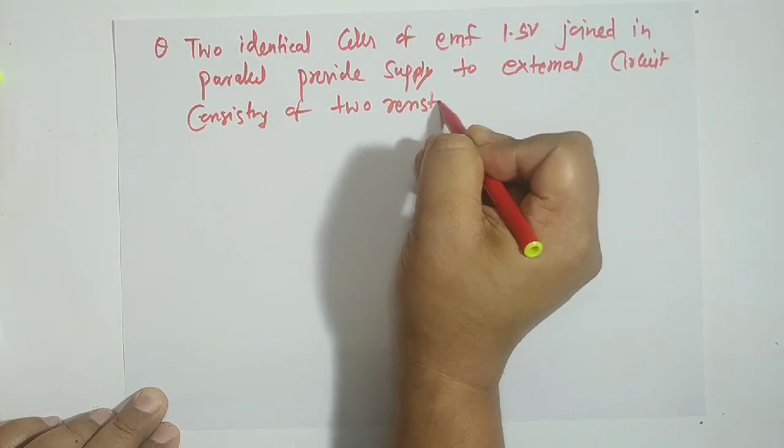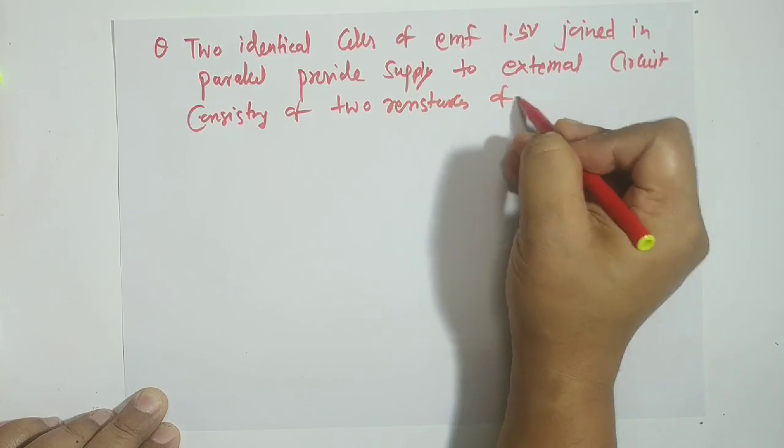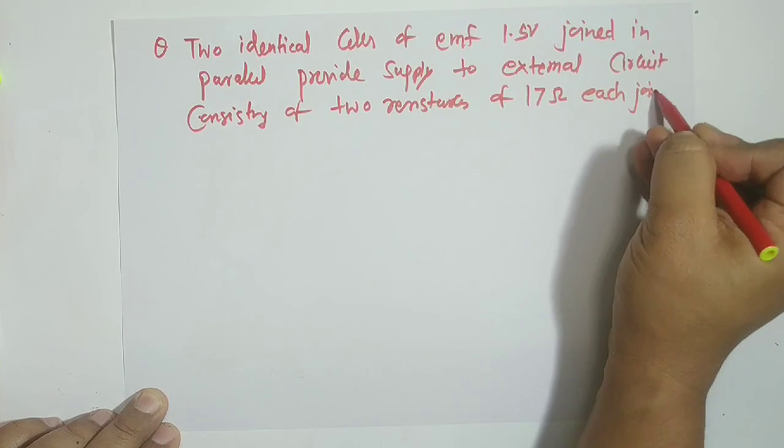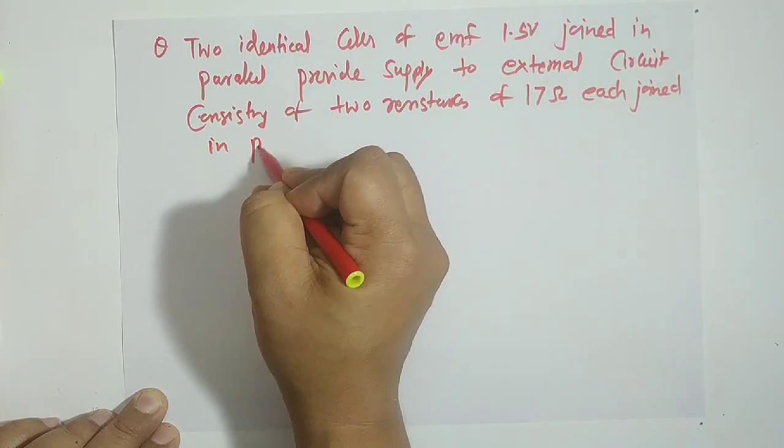It consists of two resistances of 17 ohm each joined in parallel.